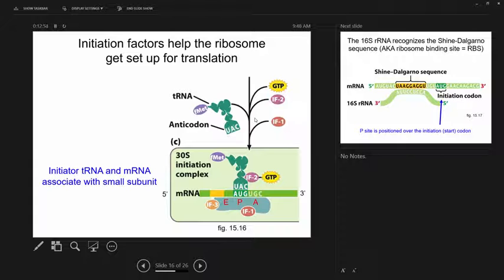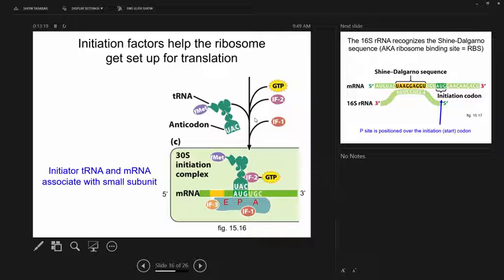The small subunit interacts directly with the messenger RNA to set up the AUG start codon in the P site. And then the initiator transfer RNA comes in with the N-formyl methionine and gets that all set up there.